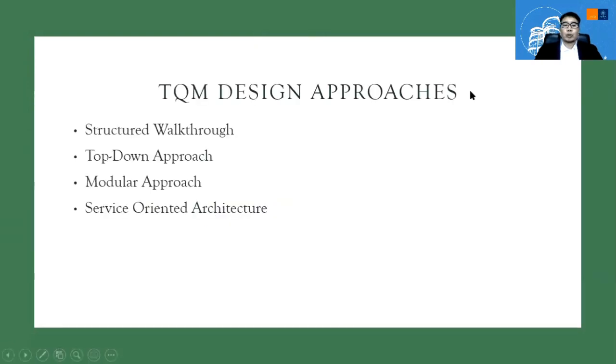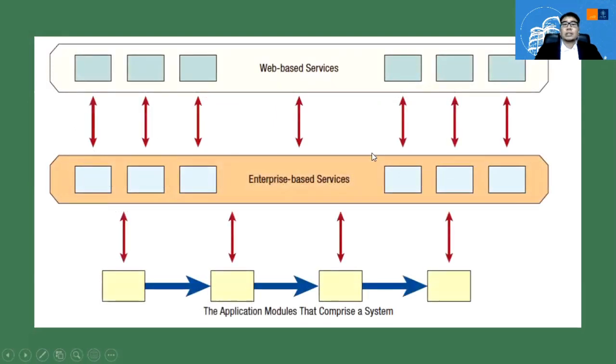Other than that, we also have the service-oriented architecture approach, which combines the modular approach with services that can be rendered to and from customers and employees in the organization. Here's an example.